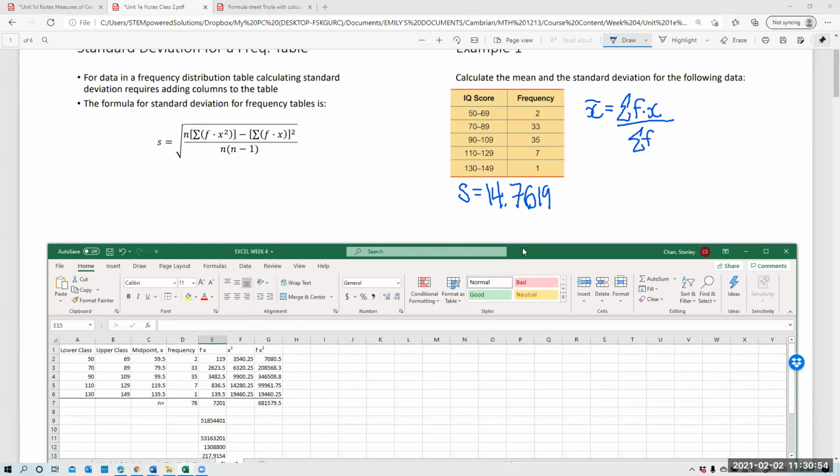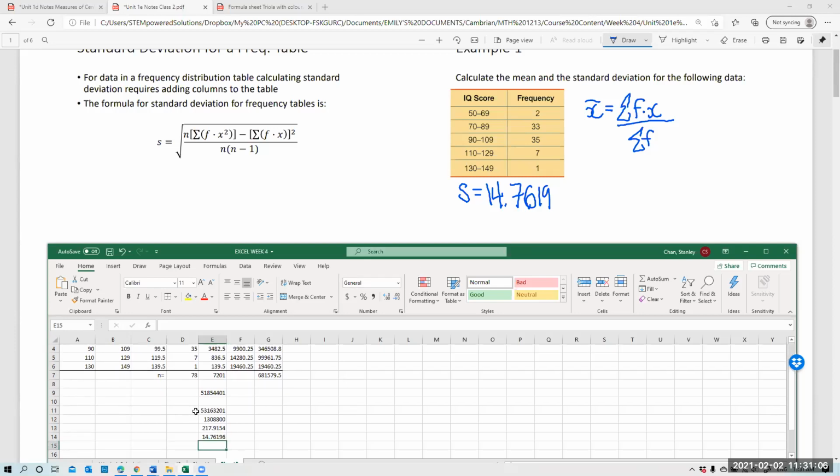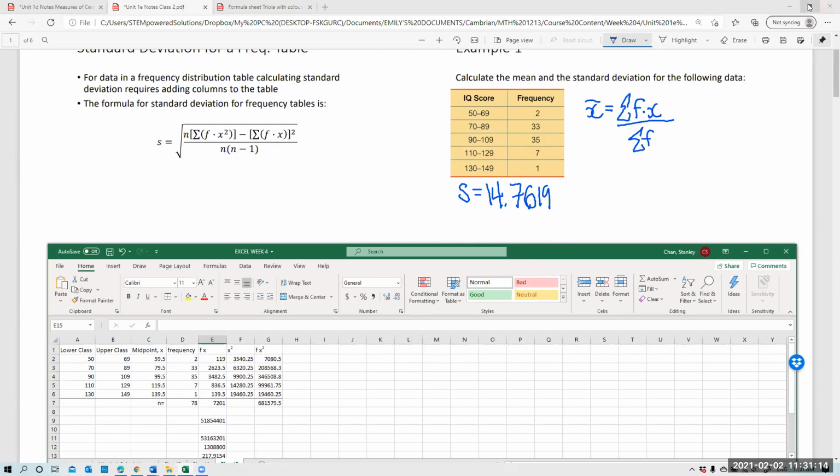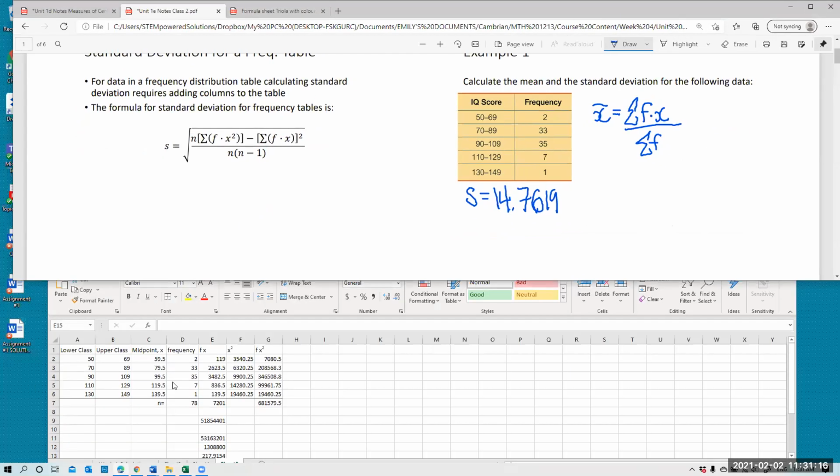But it's worthwhile knowing how to do both. Doing it with Excel is just another tool in the toolbox to help you calculate things a lot faster. There's another thing that I wanted to do, and that's to calculate the mean.